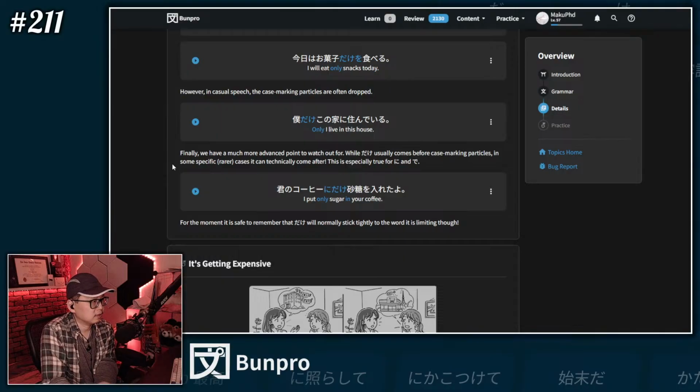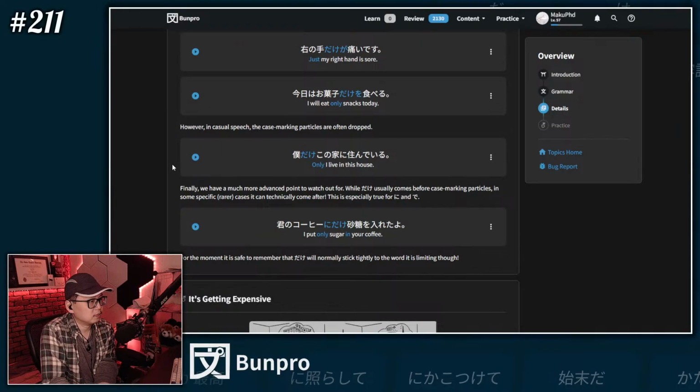Okay, fair enough. Finally, we have a much more advanced point to watch out for. While dake usually comes before case marking particles, in some specific rare cases, it can technically come after. This is especially true for ni and de. Interesting. So, purpose or means.